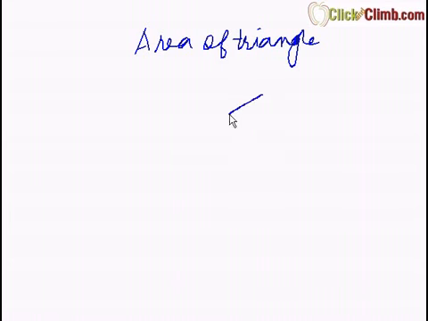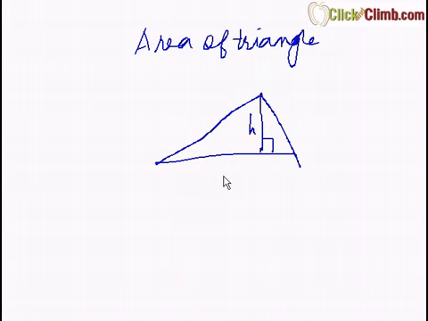Suppose we have this kind of triangle, and we draw a perpendicular making 90 degrees. Just like in a parallelogram, this is the height and this is the base. Now this is the triangle.